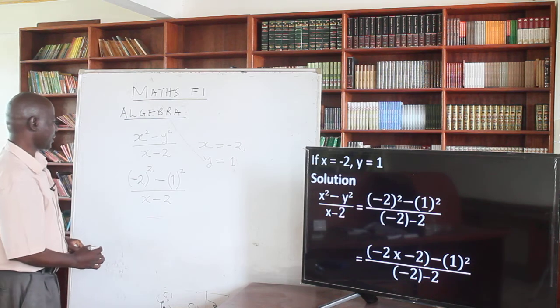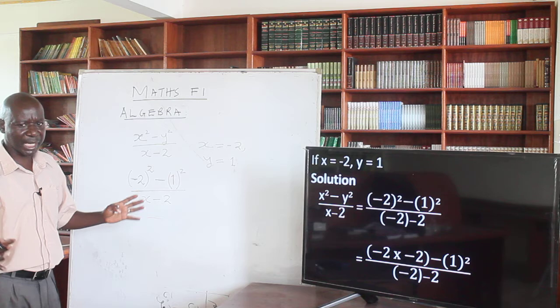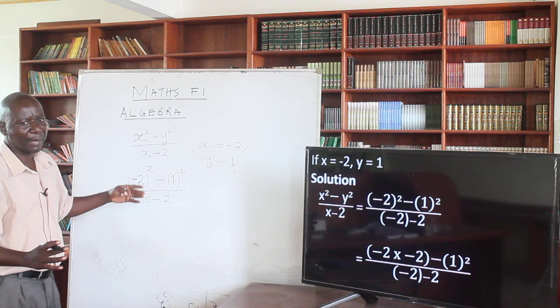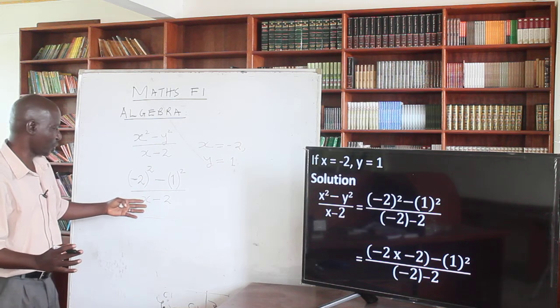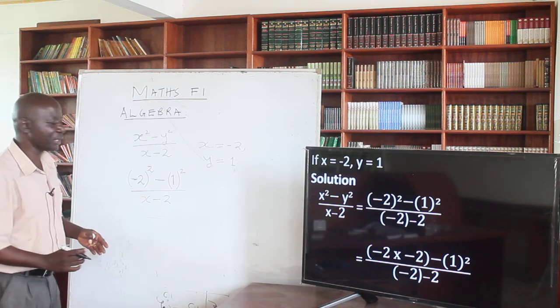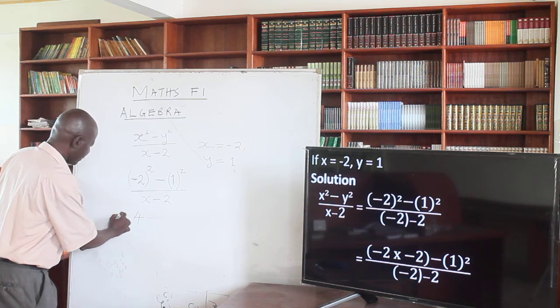So in this case, if you do your simple calculation there, minus 2 squared means minus 2 multiplied by minus 2. Minus 2 multiplied by minus 2 gives us a positive 4. So that will give us 4.